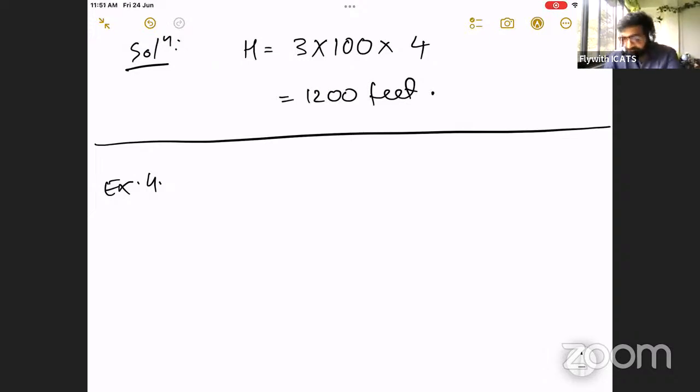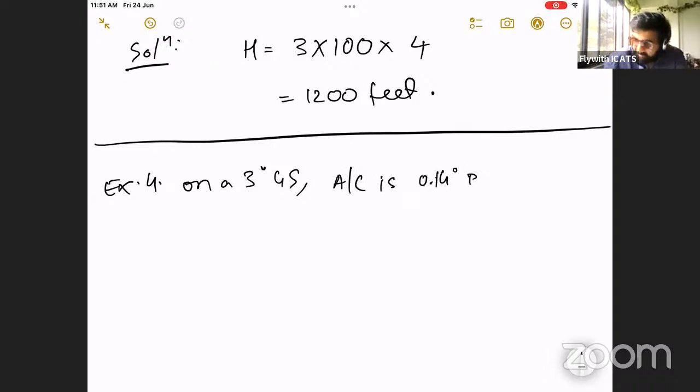Write down this. On a 3-degree glide slope, aircraft is 0.14 degrees below the glide slope.